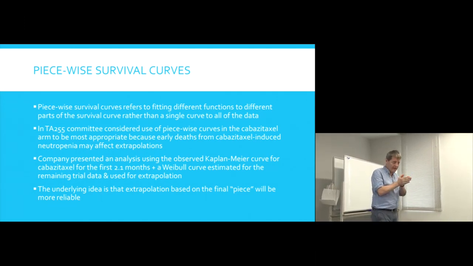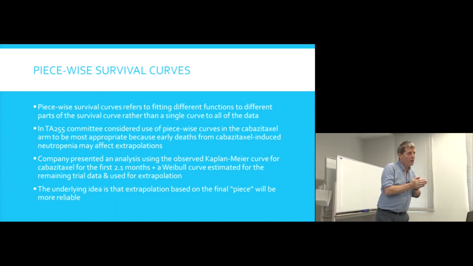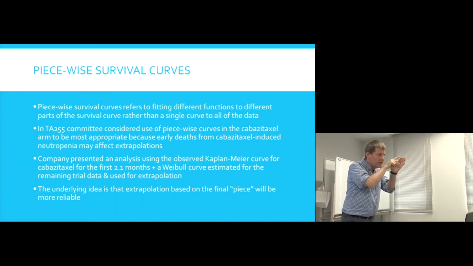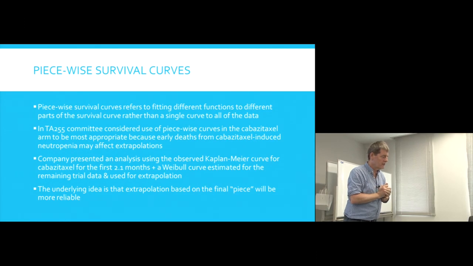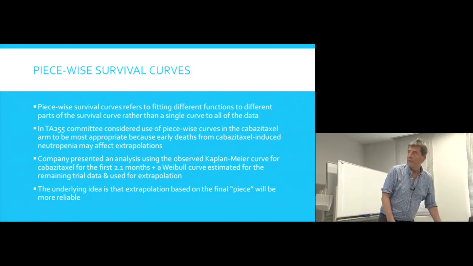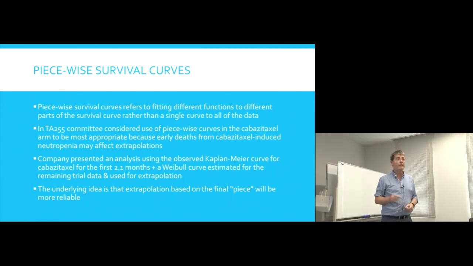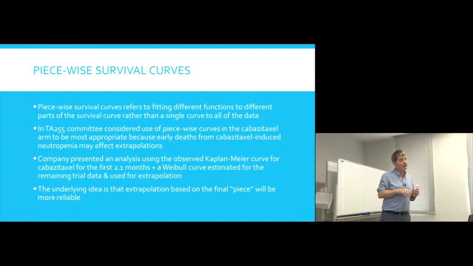Now the idea here is that what happens to the patients isn't a sort of steady process, but maybe there's different phases to the condition. So rather than fit a single curve to the data points, you might fit two or more curves or pieces of curves.